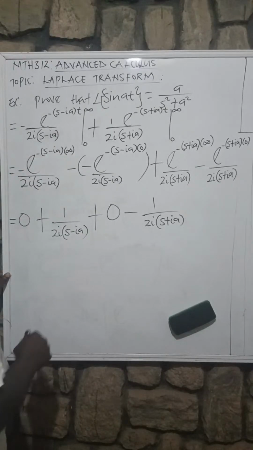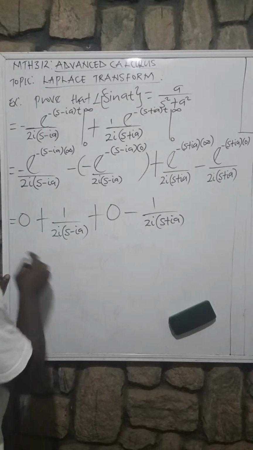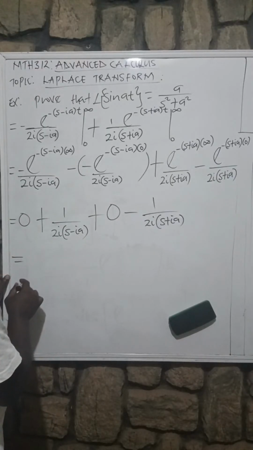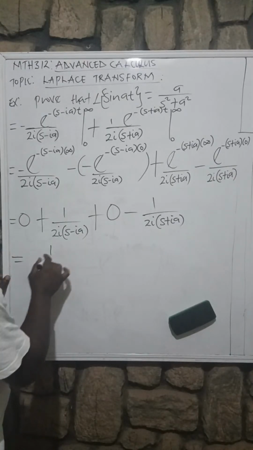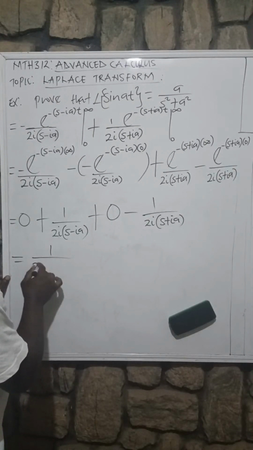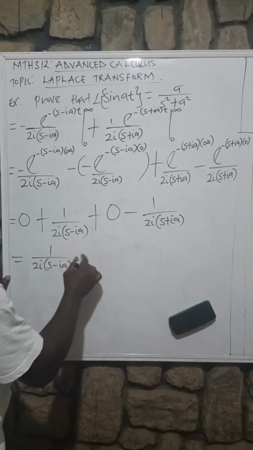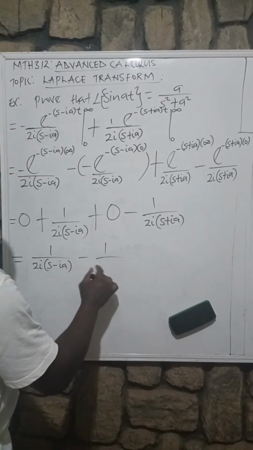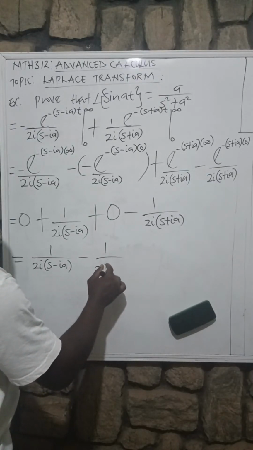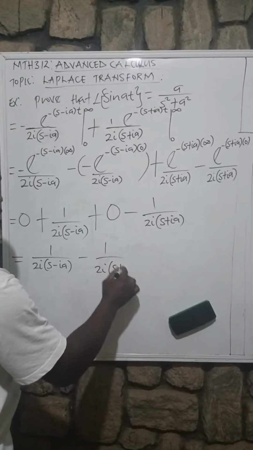Right? So at this point we are going to look for the LCM. This is how it will be: 1 all over 2i open bracket s minus ia, minus 1 all over 2i open bracket s plus ia.